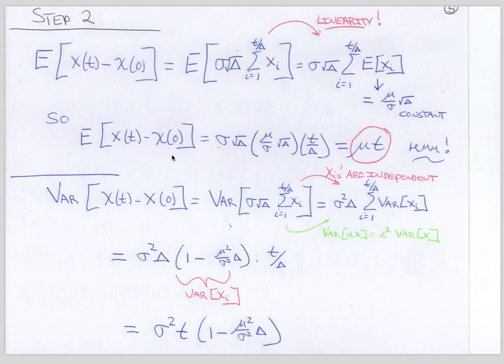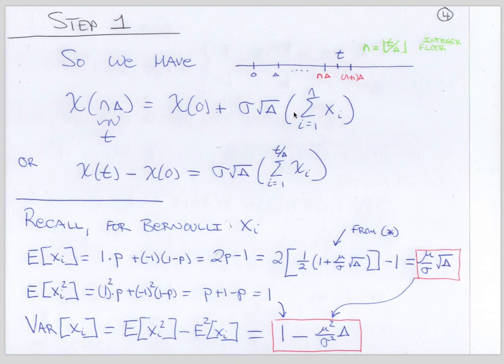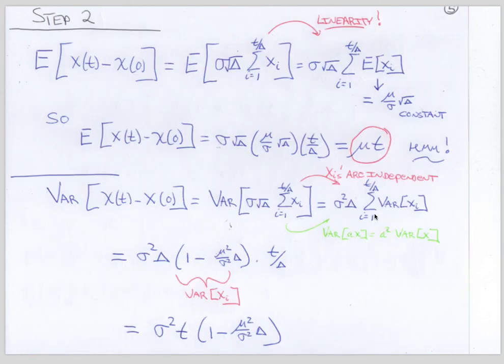So when we calculate that, we have sigma square root of delta, that's from here. We have the mean of each Bernoulli, that's what we did here. And then we have n of those, or t over delta of those. And when you start crossing things out, you're left with just mu times t. Very interesting. In fact, that's what we want. So we designed it that way.